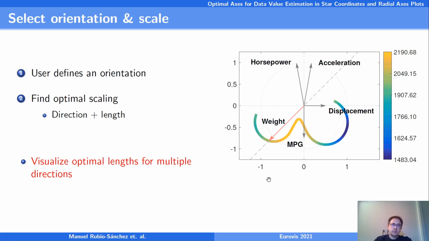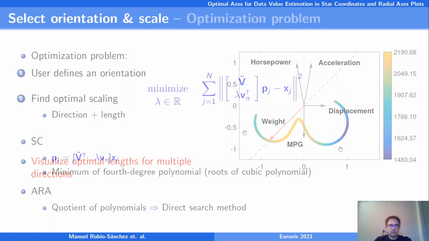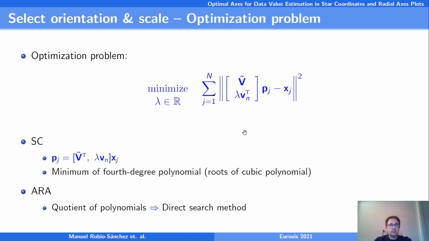So we propose drawing a colored curve on the plot to indicate the optimal length of a vector in any orientation. In this case, the color corresponds to the estimation error, and we can see that the best values are obtained here in the fourth quadrant. This is the optimization problem that we'd have to solve. V sub n is the new vector in a particular direction.